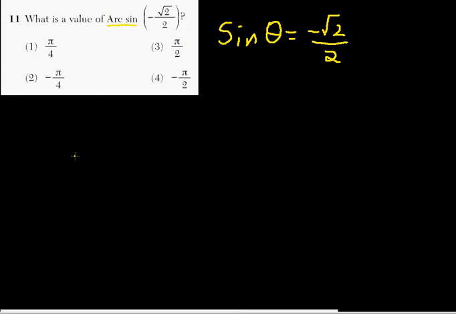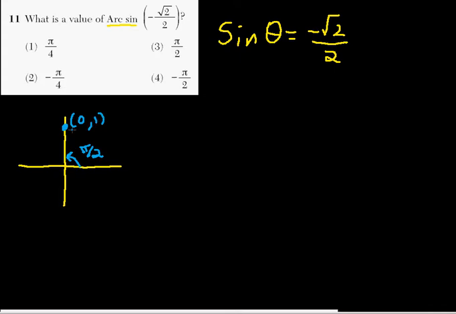So let's have a look here. We have our unit circle diagram. I won't go through and draw the unit circle, but if we have pi over 2 and negative pi over 2, that's 90 degrees, right? So that's theta equals pi over 2, and this is the point 0, 1.